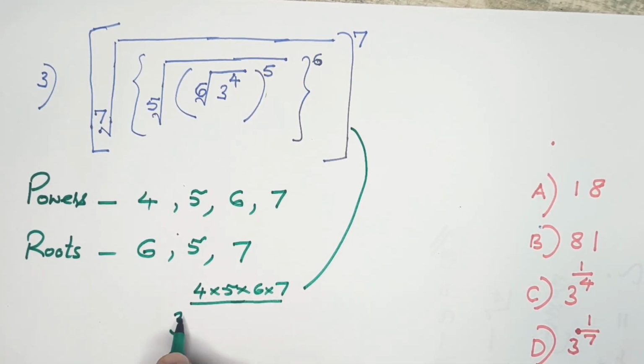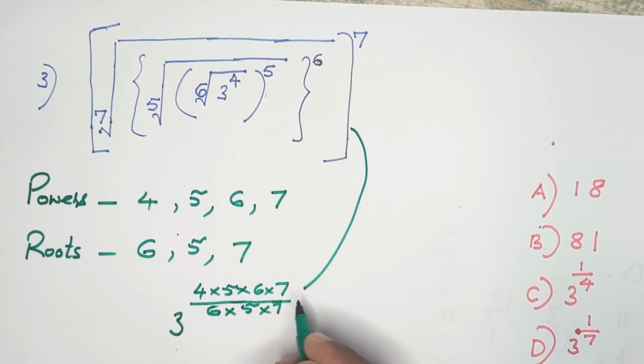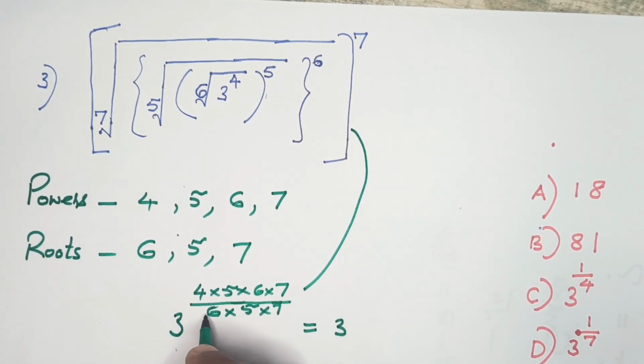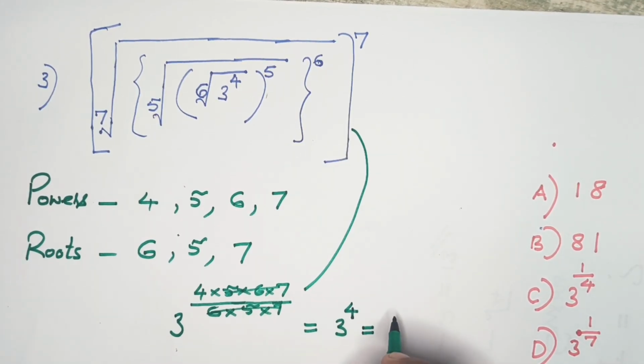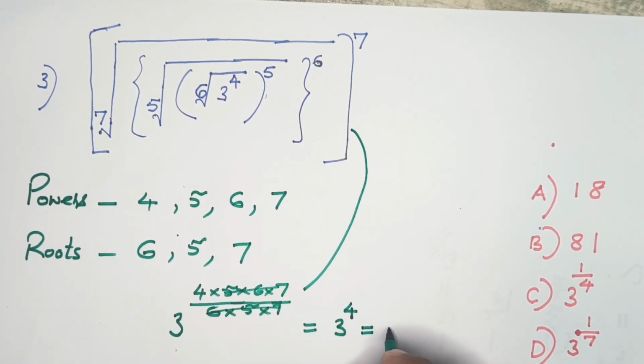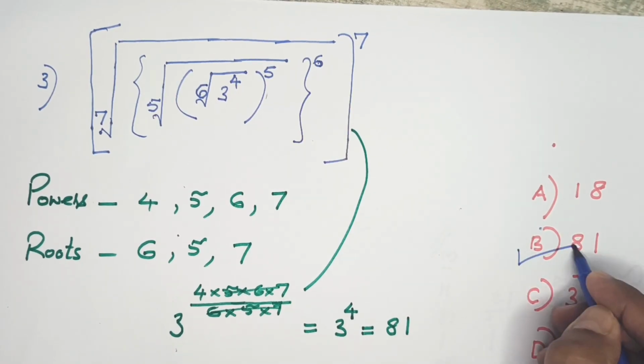And the denominator of that fraction, that will be this product of the roots. That's all. As you can see, these numbers will cancel with this and you are left with 4. So 3 to the power of 4 is the answer to the numerical expression given for simplification. 3 to the power of 4 is just 81, which is the second option.